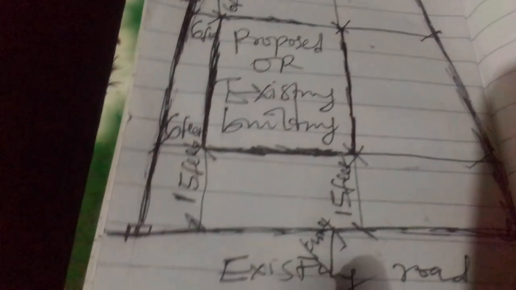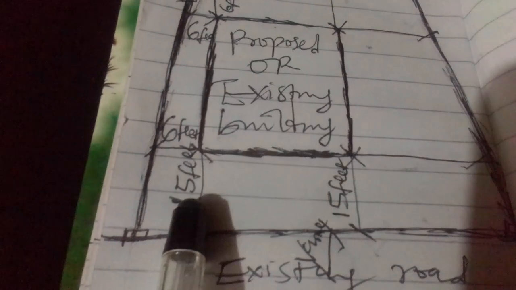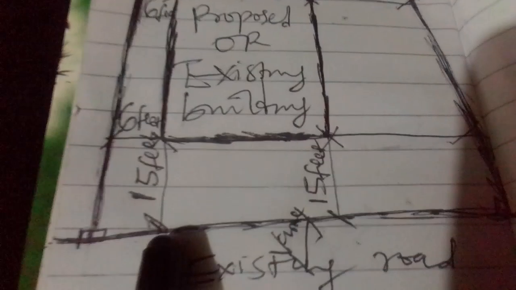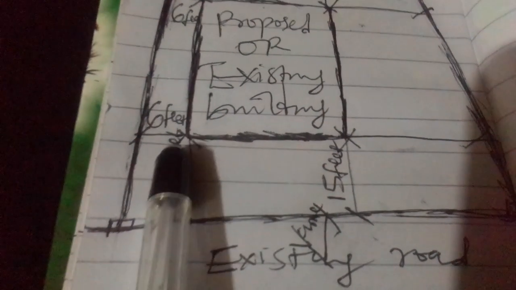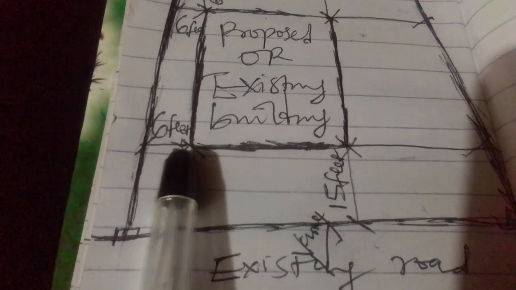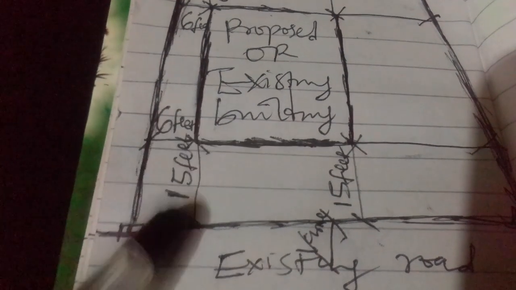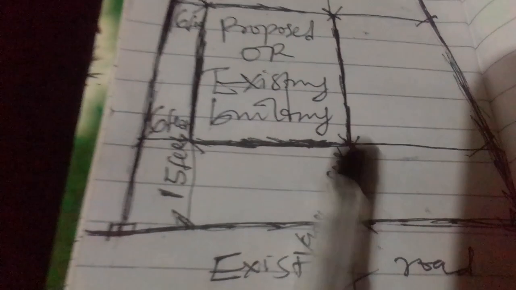So at the roadside, which is now the front of the plot, because this very plot is facing this road, the setbacks here is 15 feet. The reason why I decided to dimension this point, that the proposed building or existing building points this way, you dimension this way and you also dimension this way.